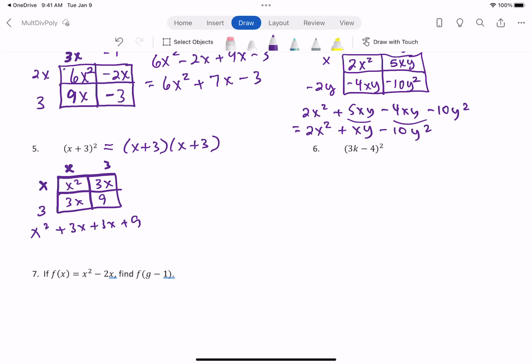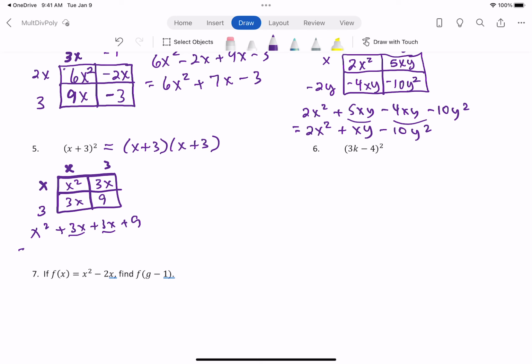I want you to notice something here as well. Not only are those two middle terms like, you notice that they're also exactly the same. That's going to happen every time we multiply a binomial times itself, which can lead us to a shortcut that we can use if we want.